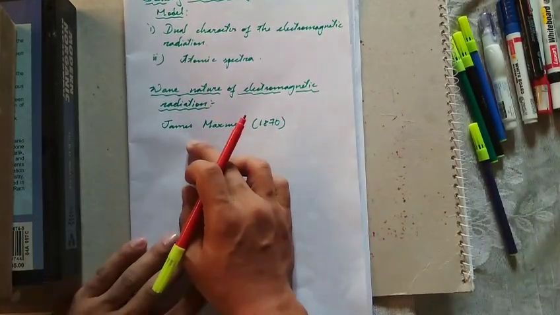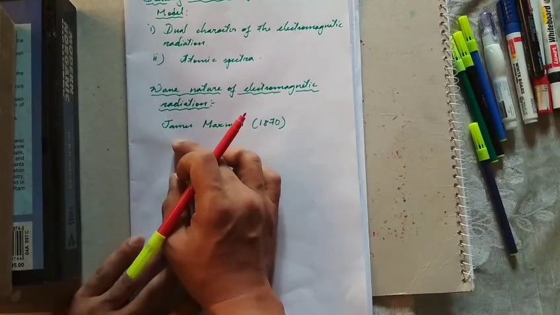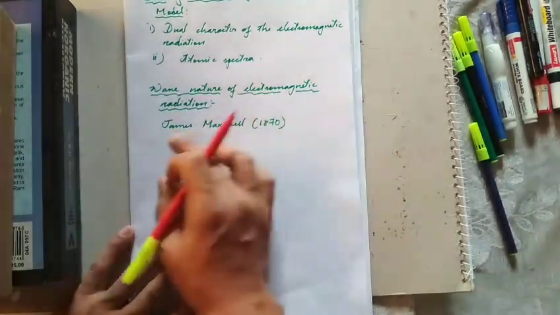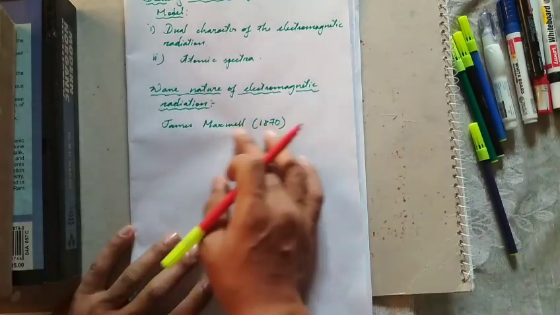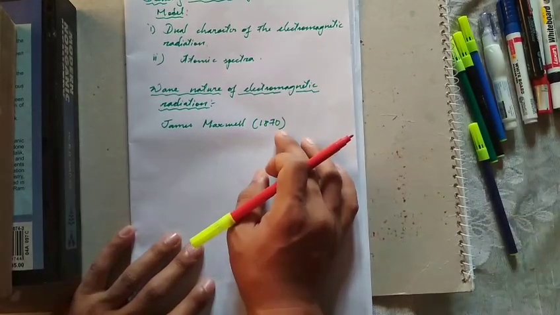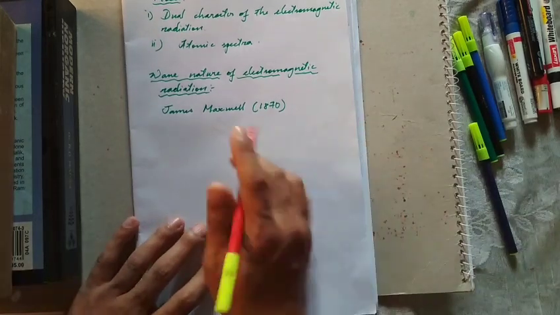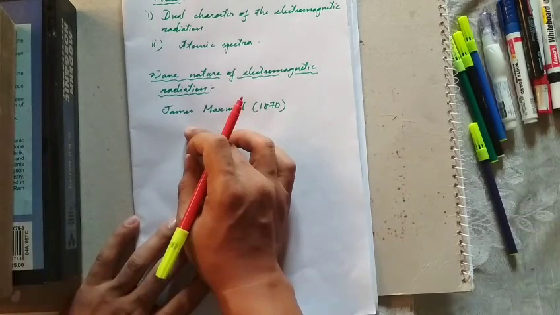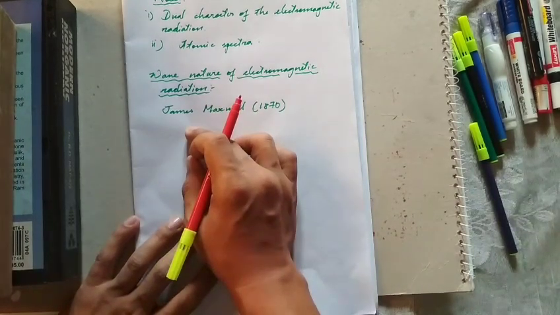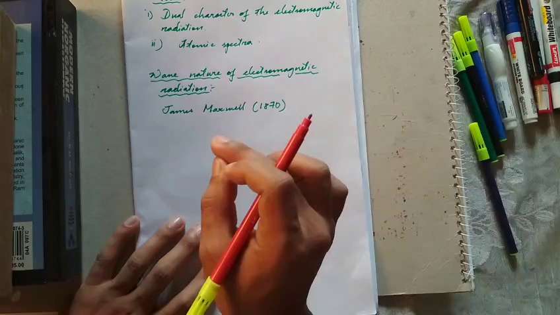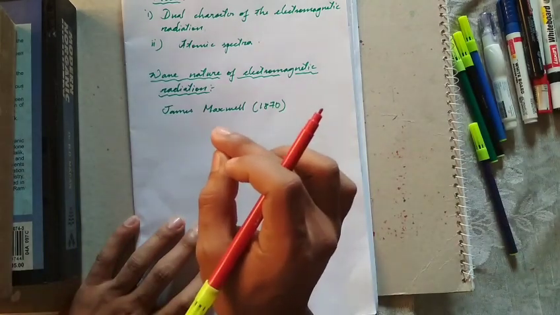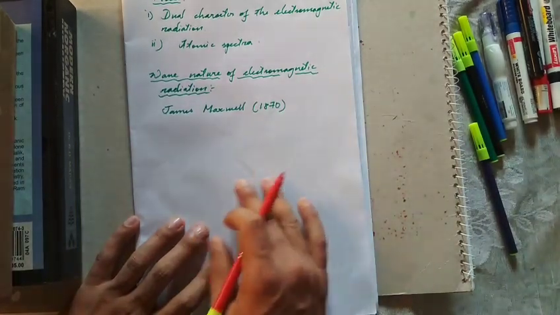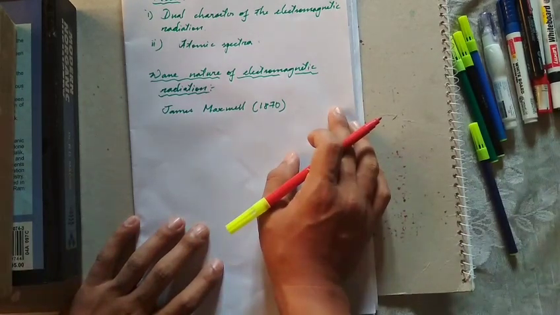The wave nature of electromagnetic radiations was given by James Maxwell in 1870. So he found out that electrically charged particles move under acceleration. So when electrically charged particles move under acceleration, alternating electrical and magnetic fields are produced.